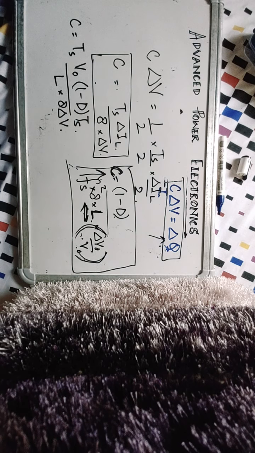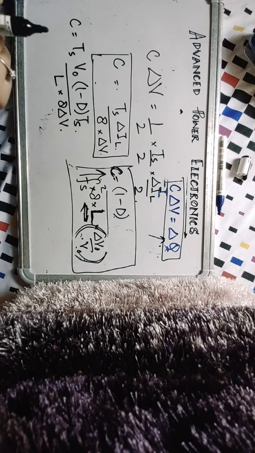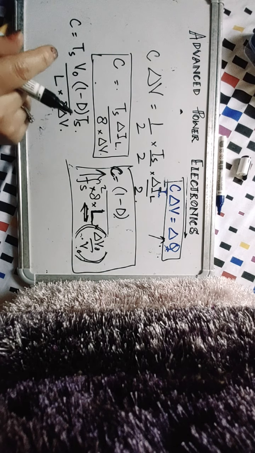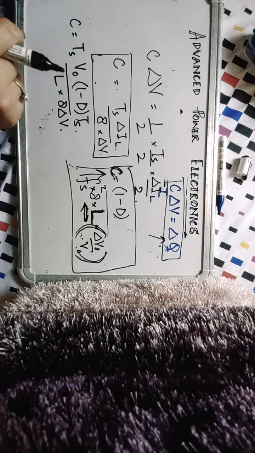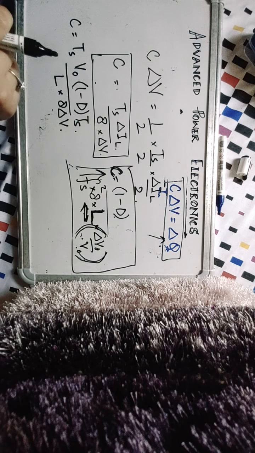कैसे? अगर आप waveform देखोगे, अगर आपने बड़ा L use किया, if you use a big L, the ripple in inductor current will be less. When the ripple in inductor current is less, the ripple in capacitor current will be less, because the capacitor current is essentially with the same ripple, which we drew also, the same ripple as that of the inductor current.